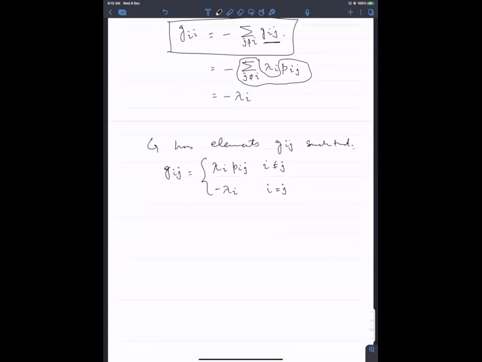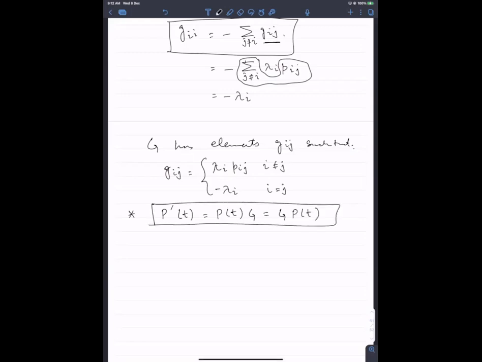So I'm going to make some statements without the proofs. One is that the derivative of the probability transition matrix for the Ctmc, P of t, is equal to, ये आपके पास एक differential equation बनती है, G times Pt.